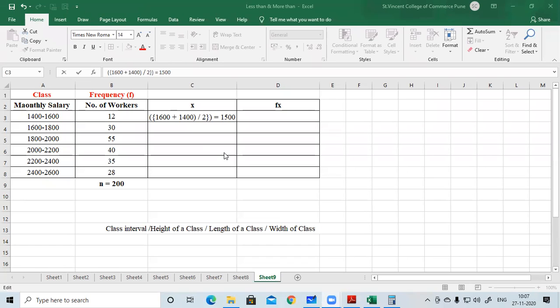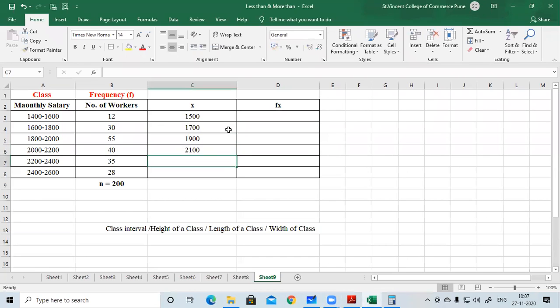No need to do all the midpoints by doing upper limit plus lower limit divided by 2. What is your class interval here? 200. The difference between all numbers is 200. So if your first one is 1500, the second one will be 1700, 1900, 2100, 2300, and 2500. This all depends upon your class interval.